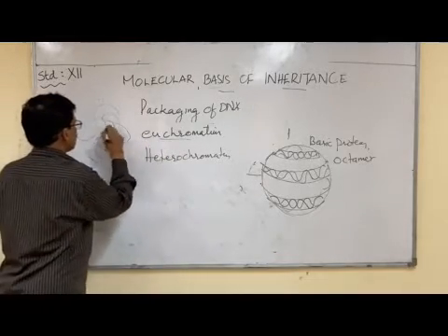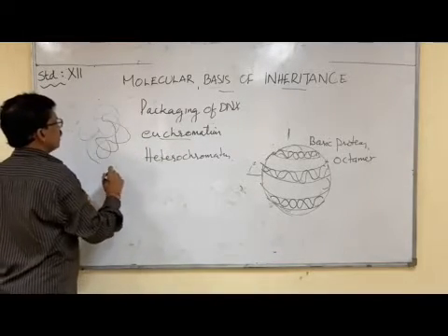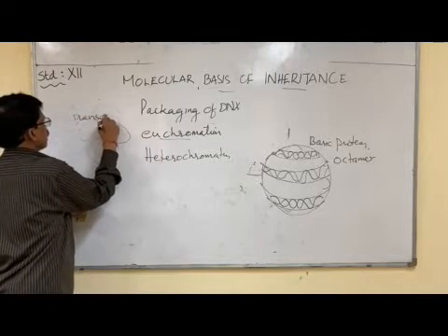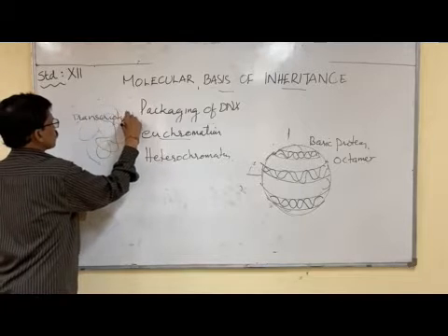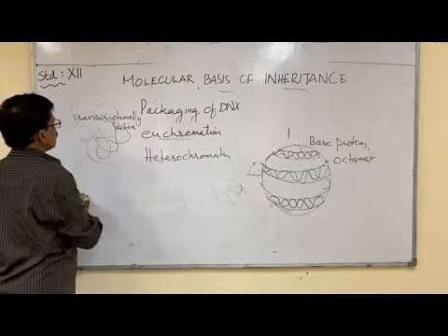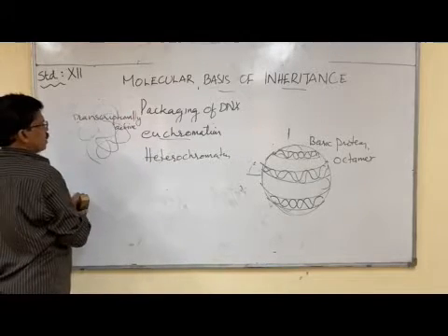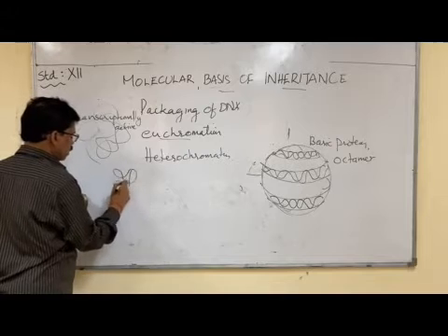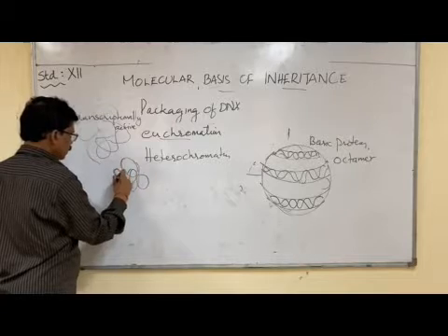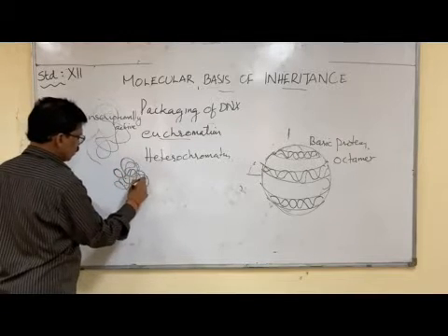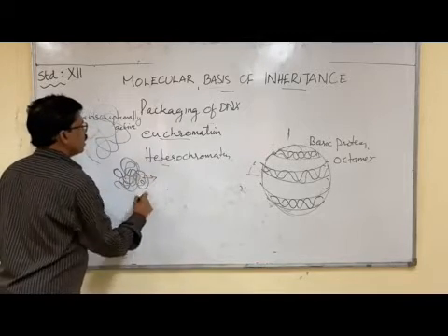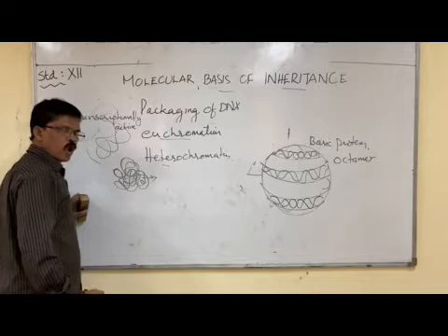Loosely arranged, light stained chromatin is called euchromatin, which is transcriptionally active chromatin. Whereas heterochromatin is very tightly packed and dark stained, which is transcriptionally not so active.